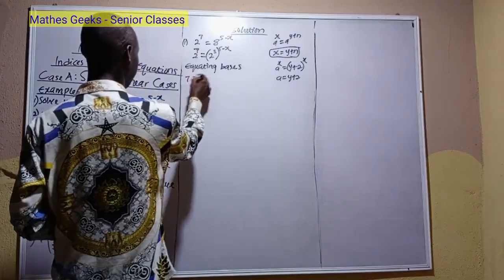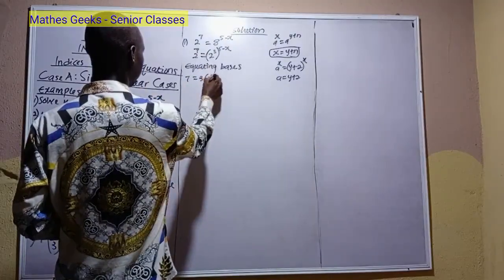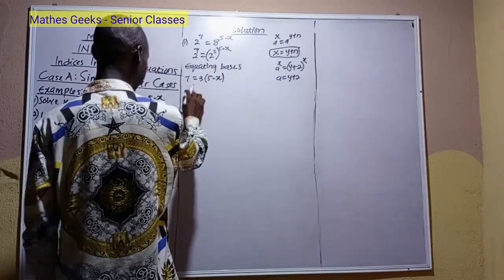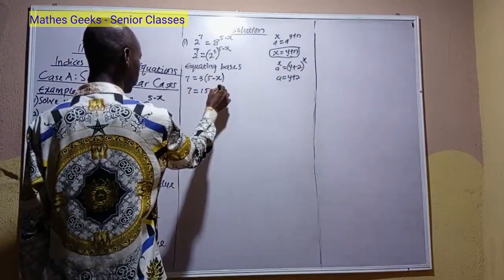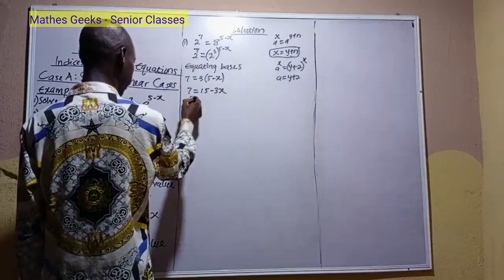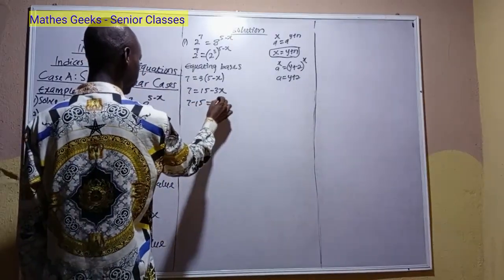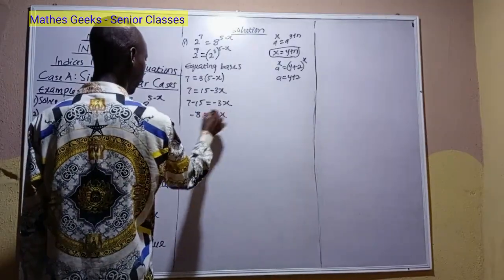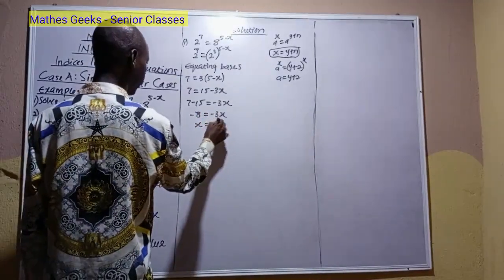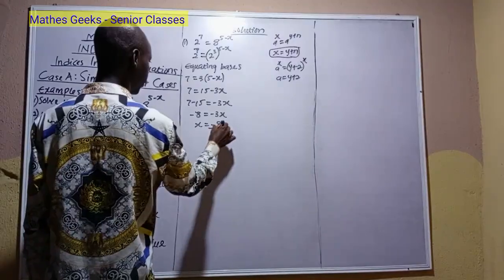We have 7 is equal to 3 times 5 minus x. So 7 is equal to 3 times 5, 15, minus 3x. So this is just 7 minus 15 is equal to minus 3x. Minus 8 is equal to minus 3x. And x is equal to minus 8 over minus 3.